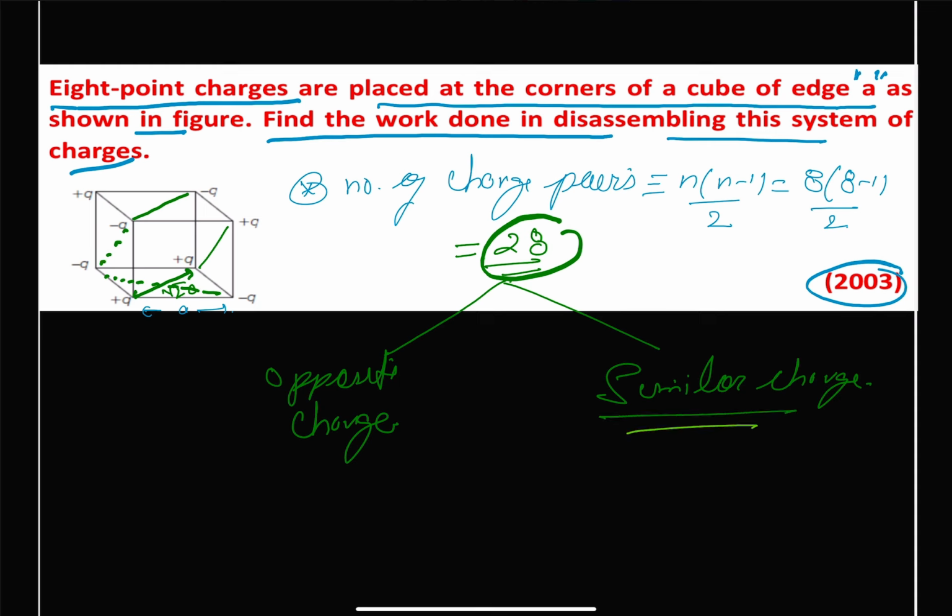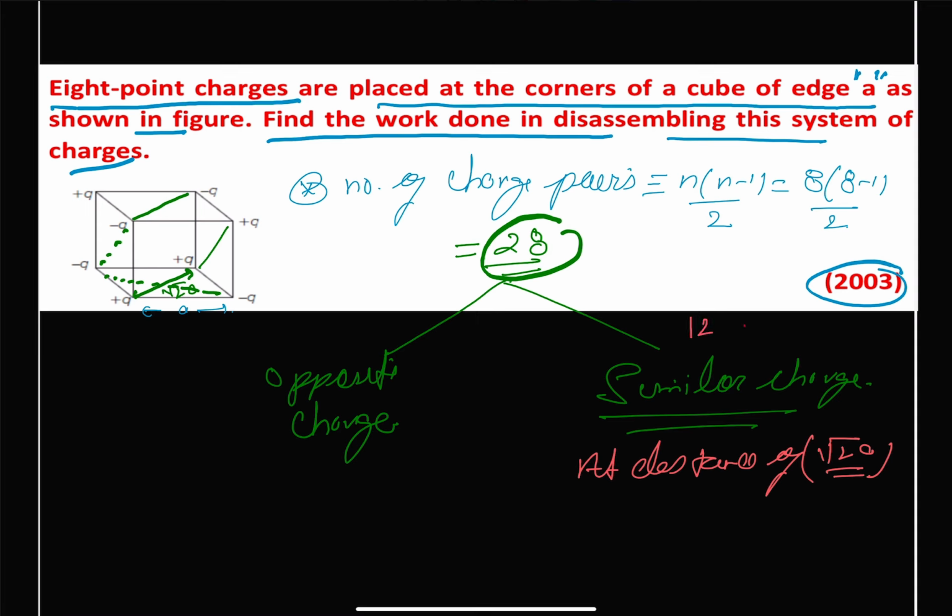So these similar charges are at a distance of root 2 times A. Similar charges at a distance of square root 2 times A, and these similar charges will be our 12 pairs.